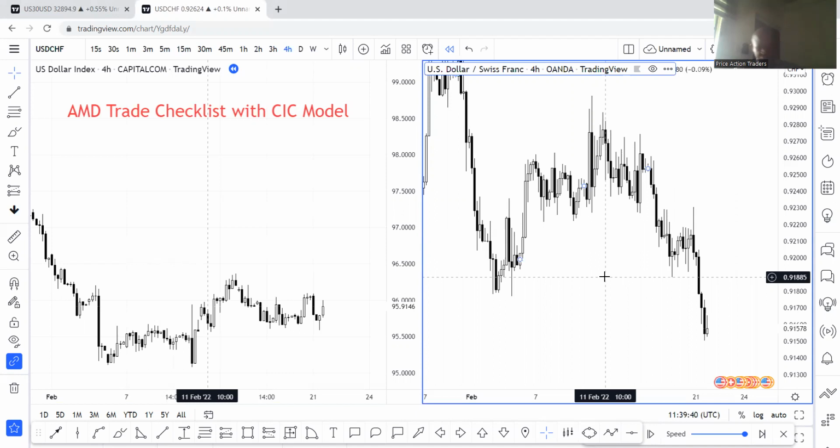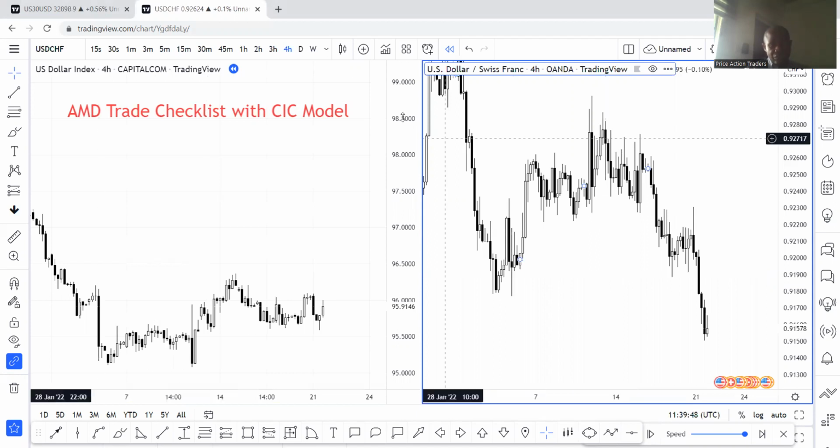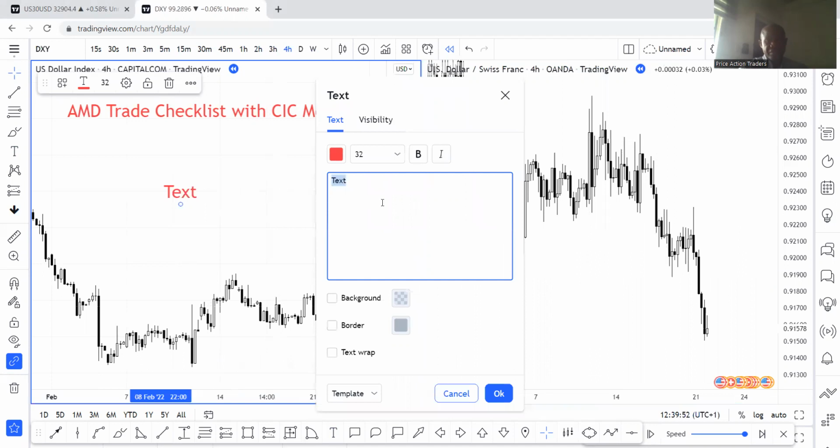So look at those currency instruments that have US dollar as the base currency. You can use it to trade many currencies like USD Japanese yen, USD Canadian dollar.